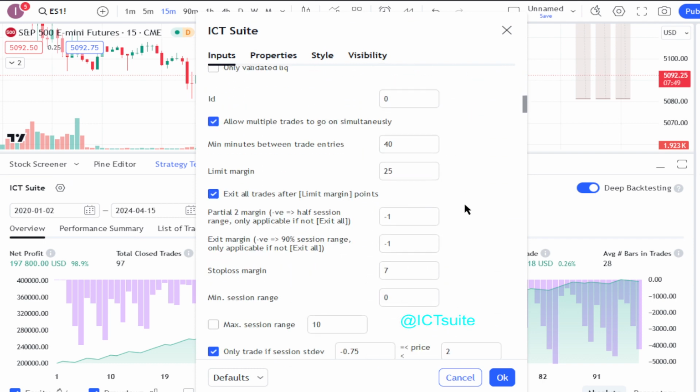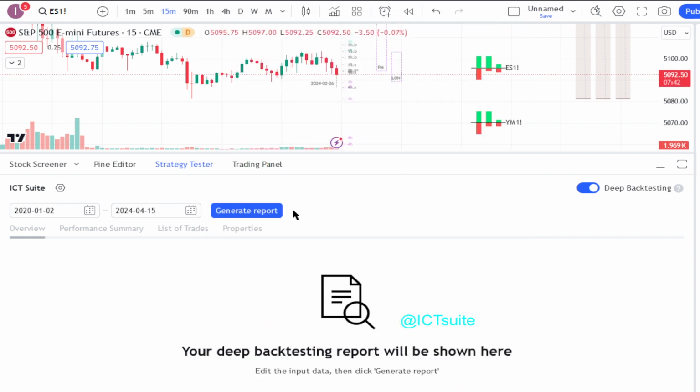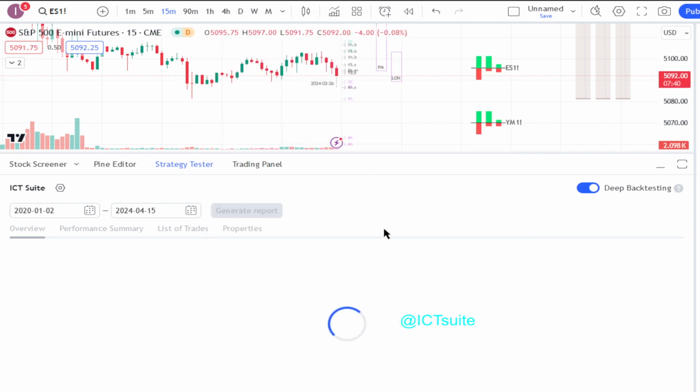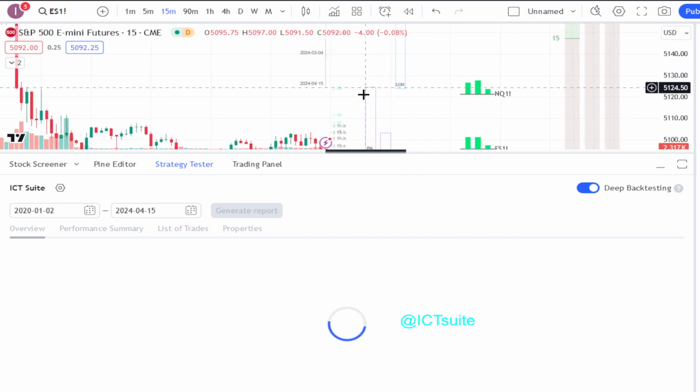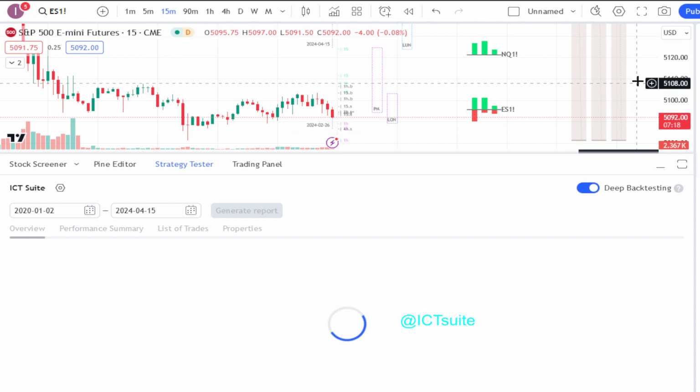Let's see if we take 23 instead. These are sessions, so it's one setup for life.